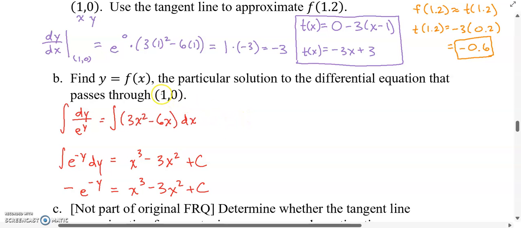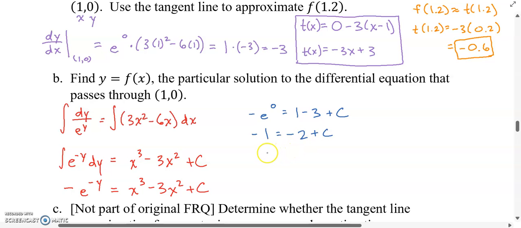I'm going to let x equal 1 and y equal 0. So on the left side, we'll have negative e raised to the negative 0 equals, on the right side, 1 cubed minus 3 times 1 squared plus c. So this is negative 1 equals 1 minus 3, which is negative 2, plus c.